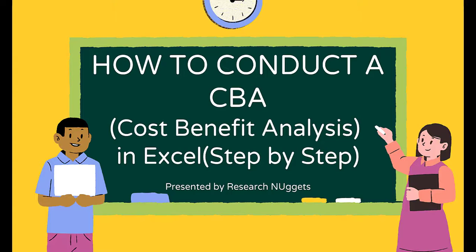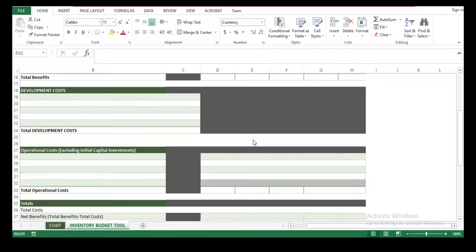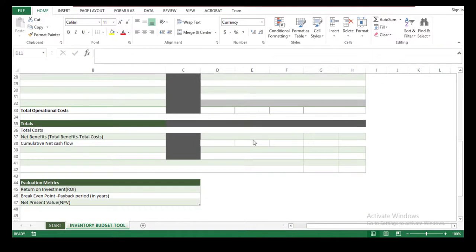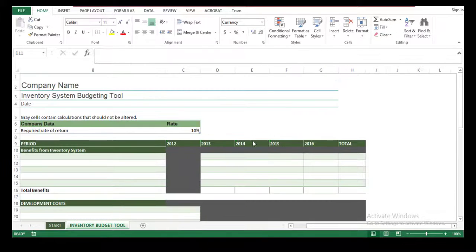We are going to do an example of an inventory management, and we get to see how do we determine the return on investment, how do we determine the break-even point, how do we determine the net present value.